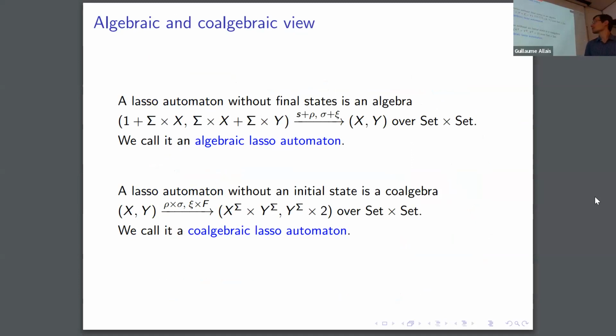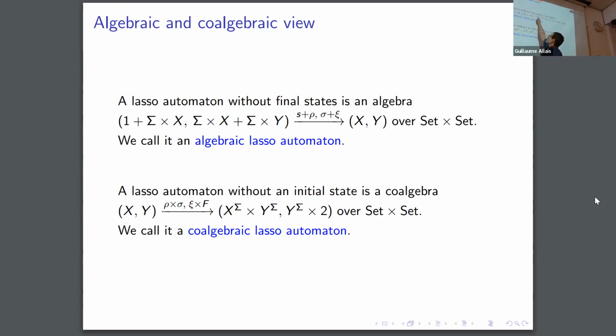If I take a lasso automaton but remove its final states, it is an algebra of this type over Set times Set. If we see this functor, this arrow is actually two arrows, from this set to x and from this set to y. I'm abusing notation a bit, but imagine now S is an arrow from 1 to the initial state.